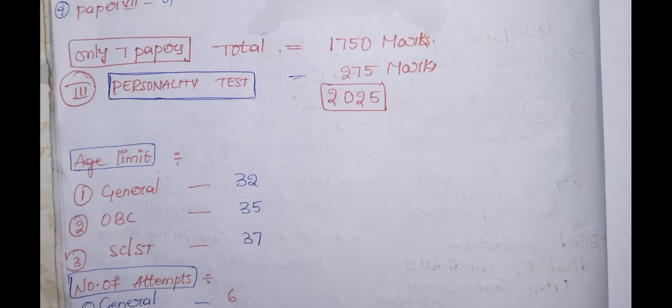The paper A and B marks are not included in the total, so here it is 7 papers only: 9 minus 2 papers, meaning paper A and paper B, which are only for the languages. Those marks are not included in the total of 1750. So 1750 means only 7 papers, from the general essay to the optional papers.